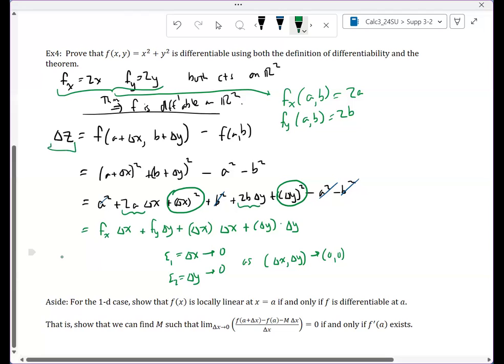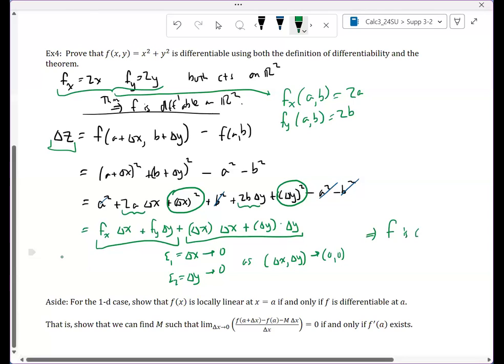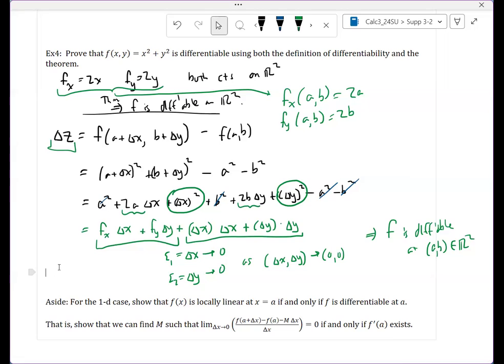So because I was able to write delta z as this linear increment plus epsilon 1 delta x plus epsilon 2 delta y, where epsilon 1 and epsilon 2 go to 0 as delta x, delta y goes to 0, 0, because of that, f is differentiable at (a, b) for any arbitrary point (a, b) in R2. So we've shown directly using the definition now that f is differentiable on the whole plane.